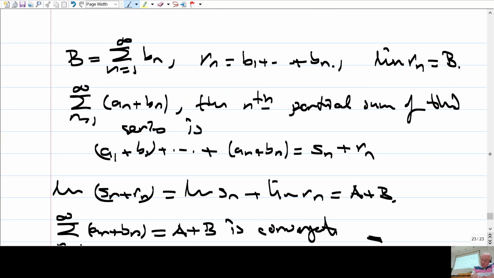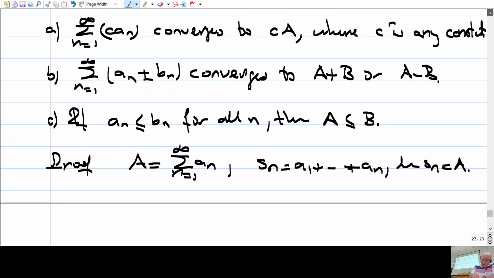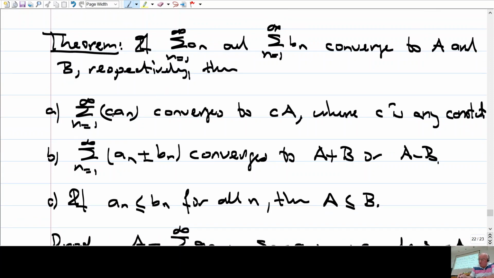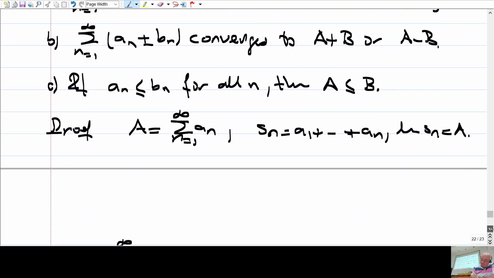Here, you see we had this also. If the series An is convergent, then c times An is also convergent, and the limit is just c times A. So you can just take this c outside the summation.